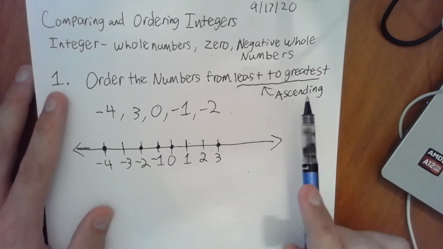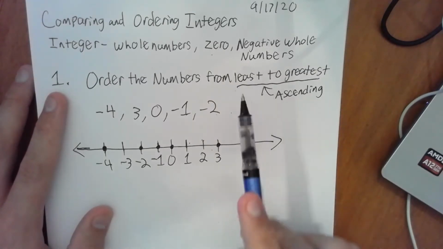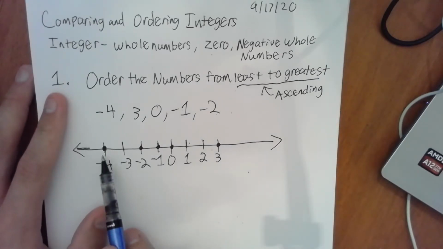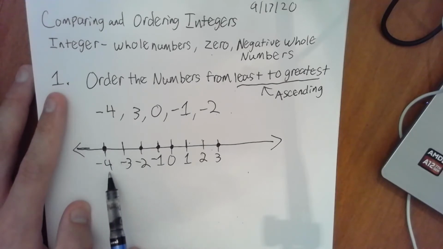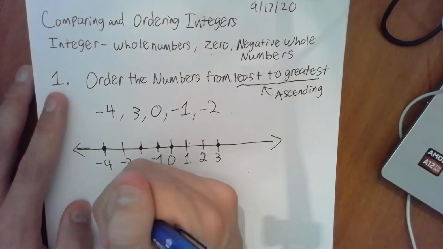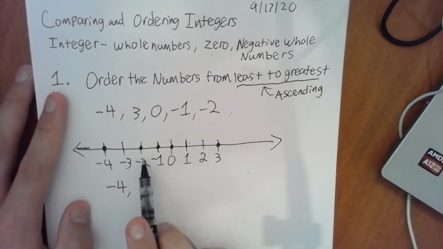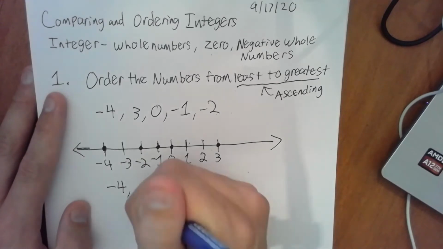So when it comes to least to greatest or ascending order, you basically figure out, okay, which number that I put a point on is the furthest to the left. Well, in this case, it's -4. So -4 is our smallest number. It's our least number. Okay, second least or second lowest number is -2.